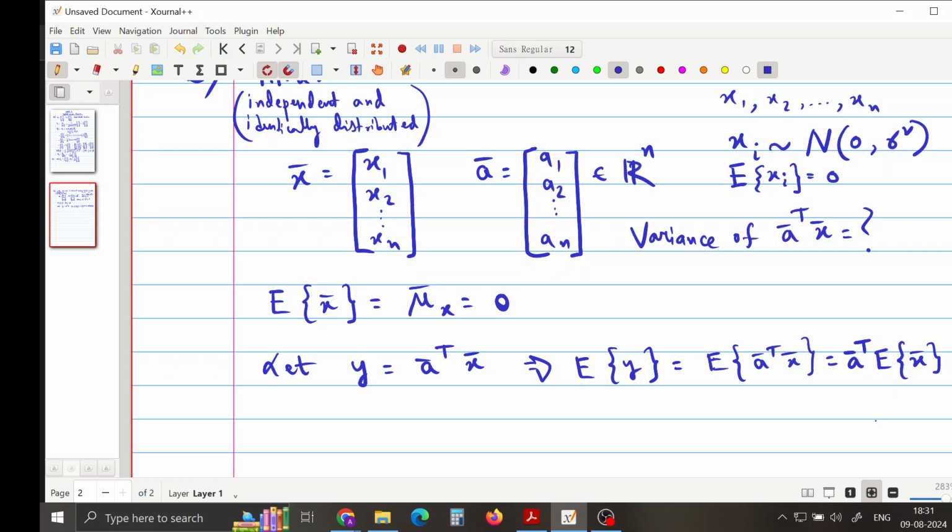And the expectation of x bar is the all-zero vector, because all the expectations of the individual random variables are 0. So this is again 0.